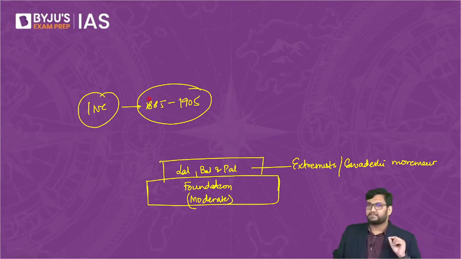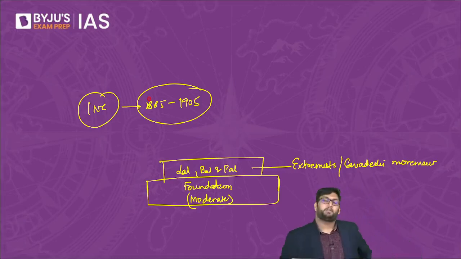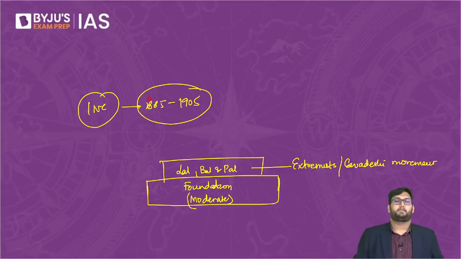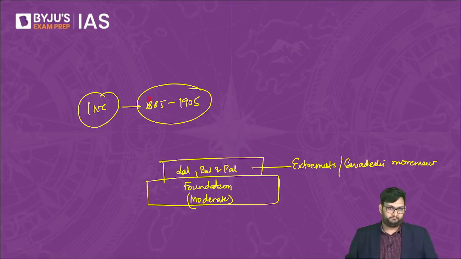And I can give you a very simple example also. Am I making sense? Is this argument of foundational understanding of nationalism making sense? I'll give a very simple example, and it pertains to you only. You want a new phone.